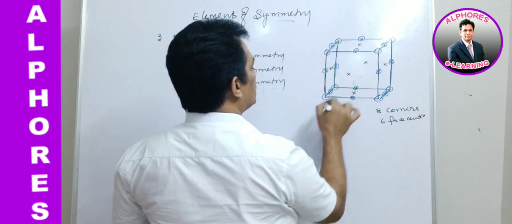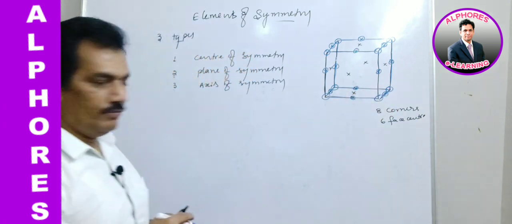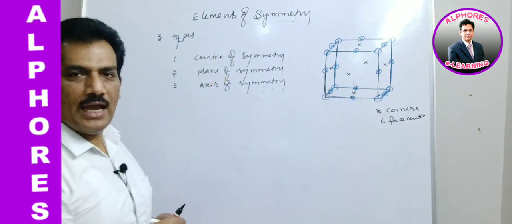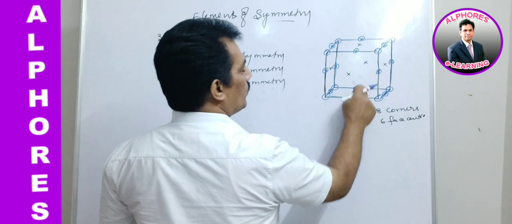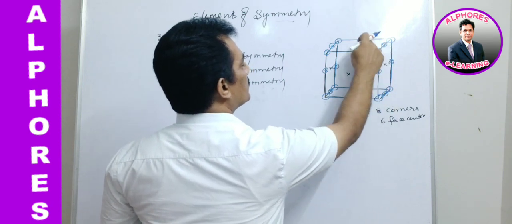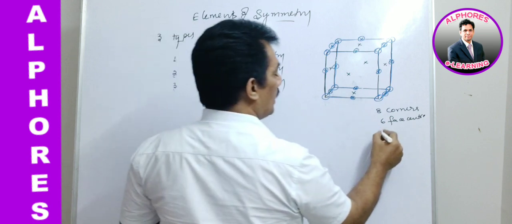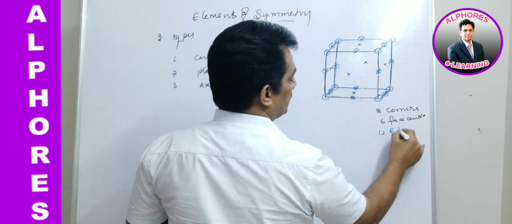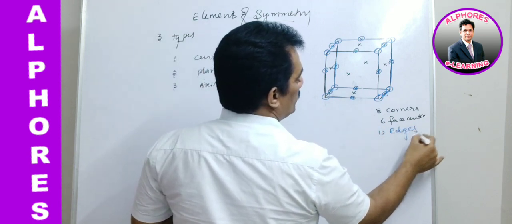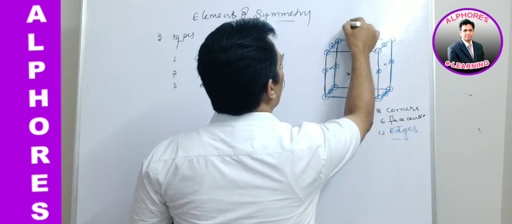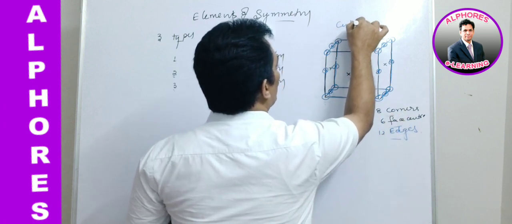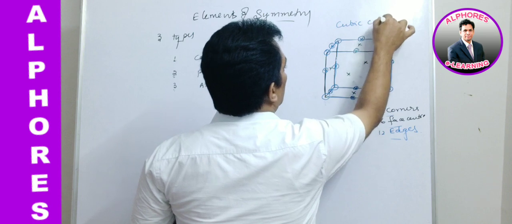All these, marked within the circle, indicate the edges: 1, 2, 3, 4, 5, 6, 7, 8, 9, 10, 11, 12. 12 edges are present in a cube, cubic crystal.